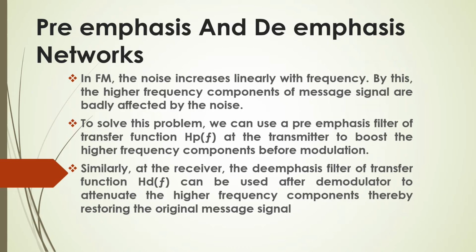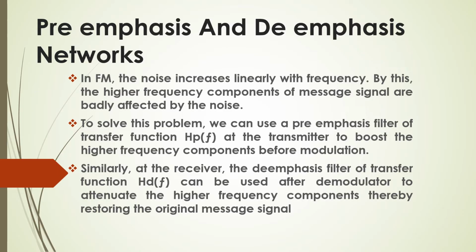It means at the modulation side we are increasing the signal strength to avoid the effect of noise, and at the demodulation side, we need to attenuate the signal strength where we have increased it at the modulation, because we need to get the original signal at the receiver. That's why at the receiver side we need to place the de-emphasis filter.